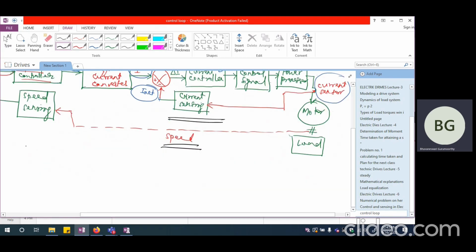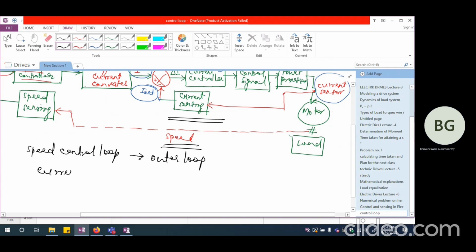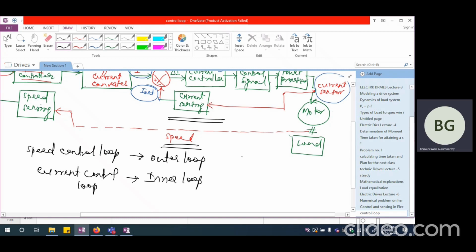So let me reiterate, speed control loop is going to be the outer loop, whereas current control loop is going to be the inner loop. Speed control loop is generally governed by the equation J d omega by dt equal to Te minus TL, where moment of inertia plays a very vital role.